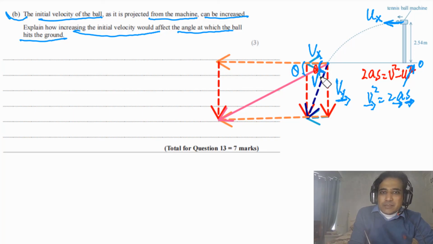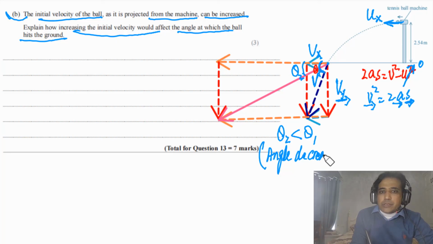So I can say this is theta 1, this is theta 2. Now you can see in this case theta 2 is smaller than theta 1. So it means the angle decreases. Why does the angle decrease? Because the horizontal component increases. So that's the reason the angle with the horizontal decreases.